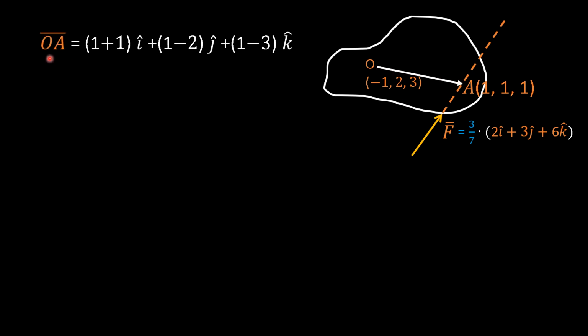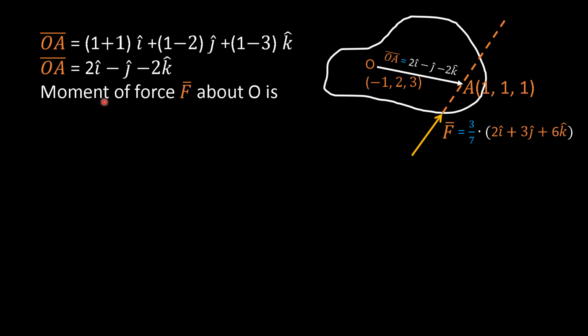So OA bar will be 1 plus 1 times i, plus 1 minus 2 times j, plus 1 minus 3 times k, which will be 2i cap minus j cap minus 2k cap. So OA bar is 2i cap minus j cap minus 2k cap.